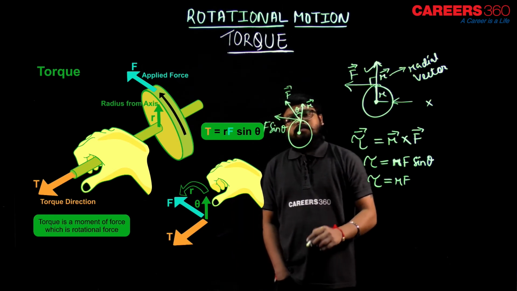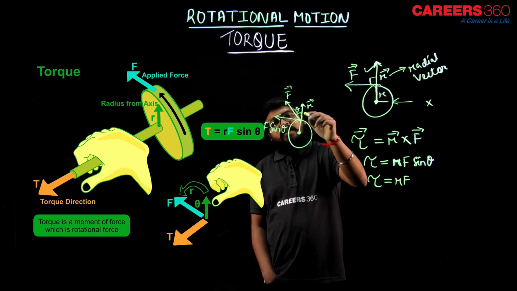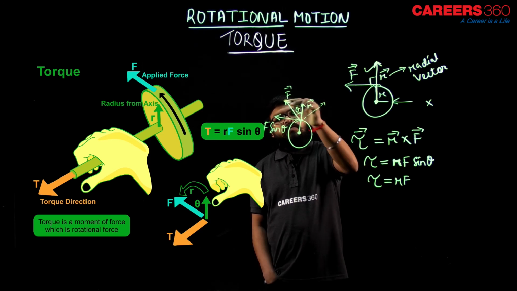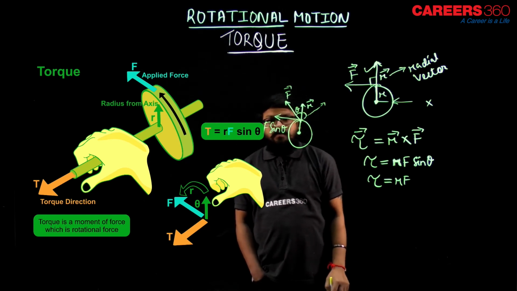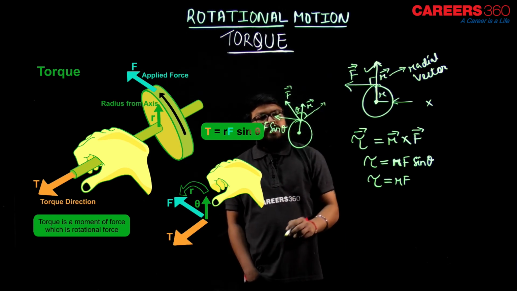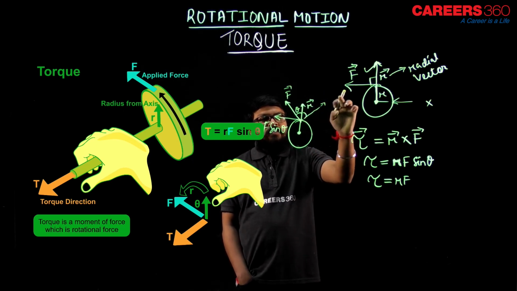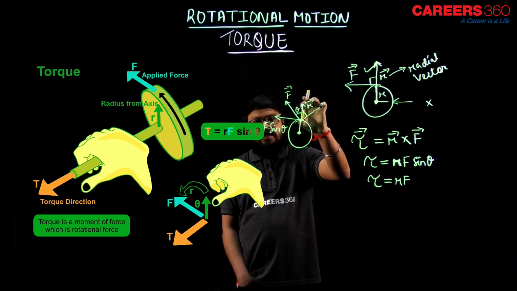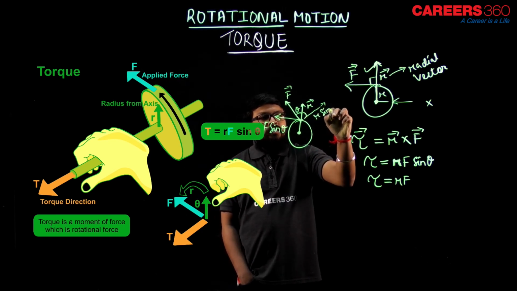If this is theta, and I take a perpendicular to this force, this becomes 90 minus theta. So if this is r vector and the angle between this direction and the r vector is 90 minus theta, this would be r sine theta.